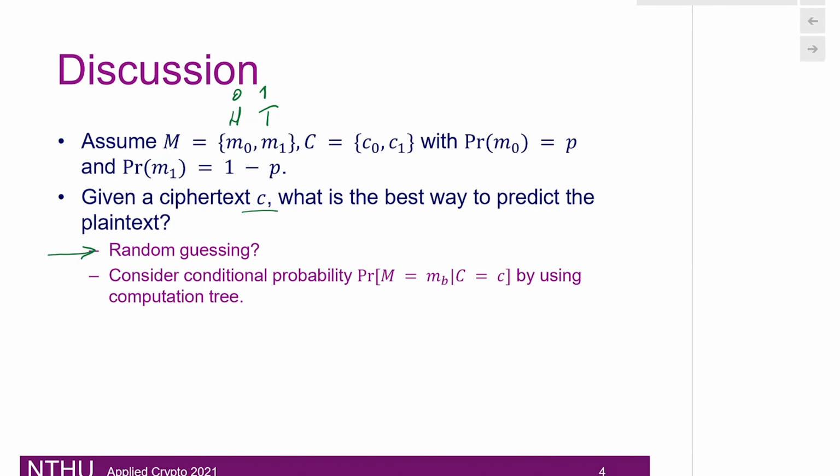What if I just don't care about computation? I just randomly guess, for every ciphertext that I see, whether it is an encryption of M0 or M1. And then I want to compute how much is my winning probability, okay? The second one is that we really follow up with this formula and see, by using this formula and the computational tree and the fact that we have unconditional computational power, what would be my best strategy to win the game.